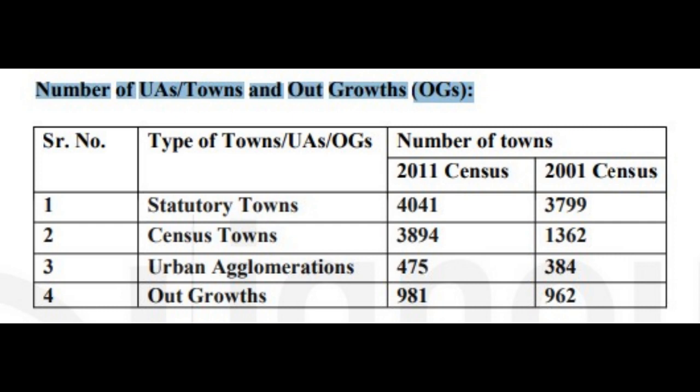Class 2, 50,000 to 99,999. Class 3, 20,000 to 49,999. Class 4, 10,000 to 19,999. Class 5, 5,000 to 9,999. Class 6 comprises settlements having population less than 5,000 persons.